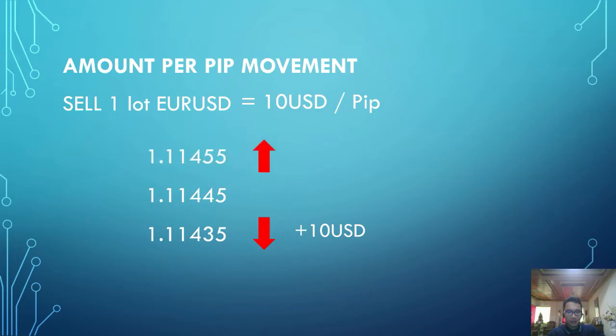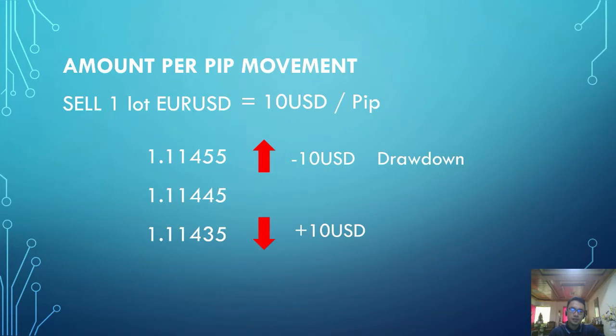But if it goes up to 1.11455 by 1 pip, your account is at negative 10 USD. So you are at a drawdown of negative 10 USD. So always remember, when you're predicting the market for a certain pair to go up, buy. When you're predicting the market to go down for a certain pair, order a sell.